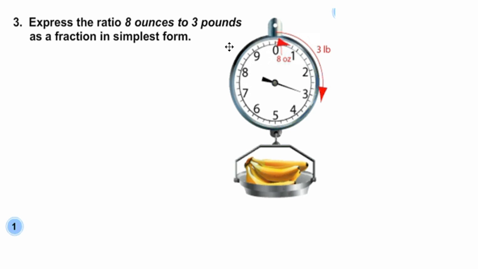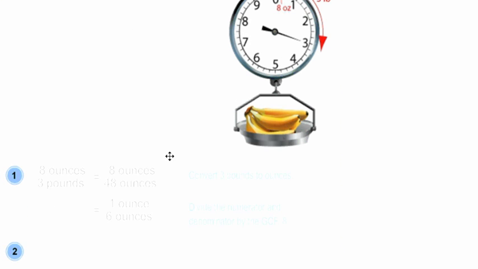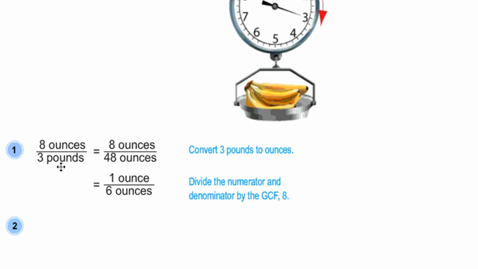Okay, so example 3 says express the ratio 8 ounces to 3 pounds. Write it as a fraction in simplest form. So our two things that we're talking about are 8 ounces to 3 pounds. Now, ounces is our smaller unit, so we want to convert everything to ounces. And if you look back, you'll notice that 16 ounces is equal to 1 pound.